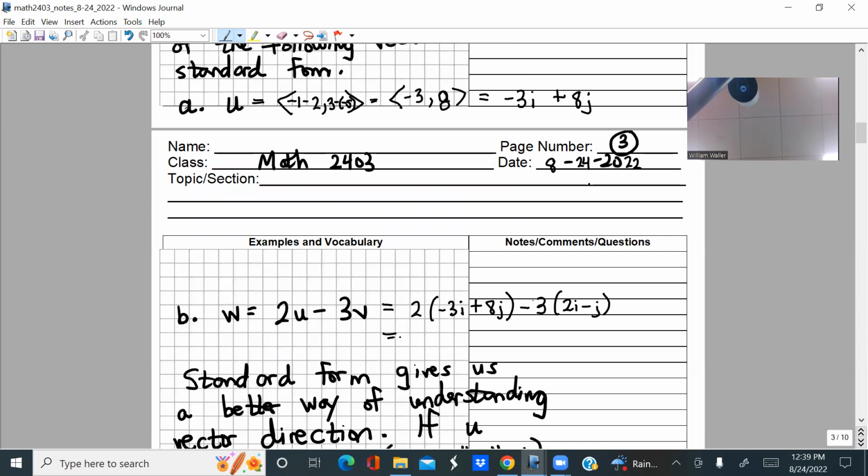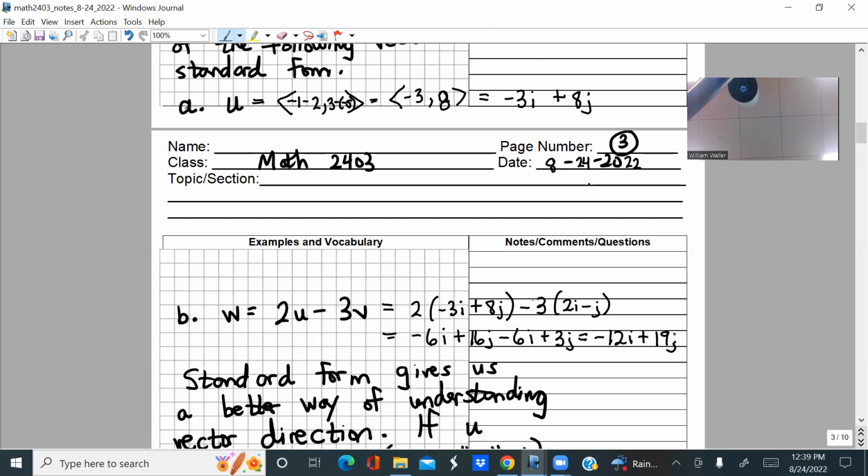So let's see, what's all this calculation? These calculations look now like algebraic calculations, right? So you have -6i plus 16j minus 6i plus 3j? And now you can add the I components together and the j components together, sort of like terms in algebra. So -6i minus 6i is -12i, and then 16j plus 3j is 19j.